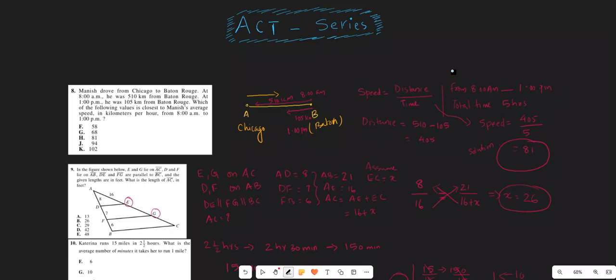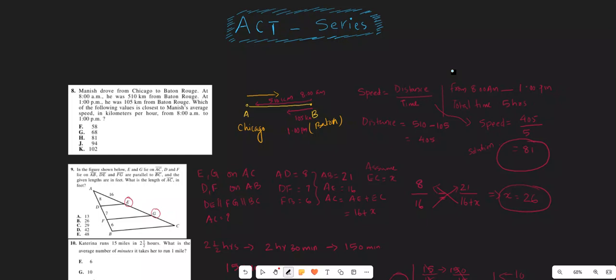To calculate speed, you have the regular standard equation, speed is equal to distance over time. Use that. But before we use that, you need to work on some basic logistics. He drove from Chicago to Baton Rouge, but the distance provided here is from Baton Rouge.